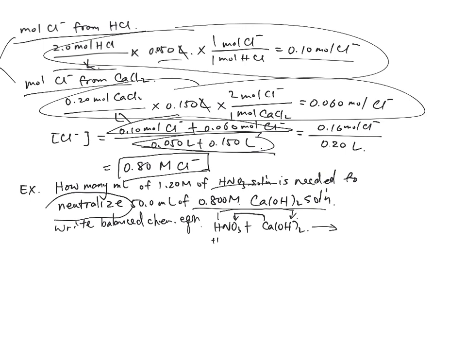Hydrogen is +1, nitrate NO3 is -1, calcium is +2, and OH obviously is -1. So H and OH together obviously give me water, neutralization reaction between acid and base produces your water.